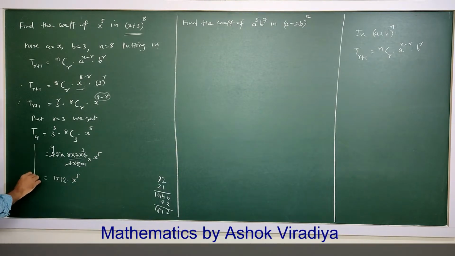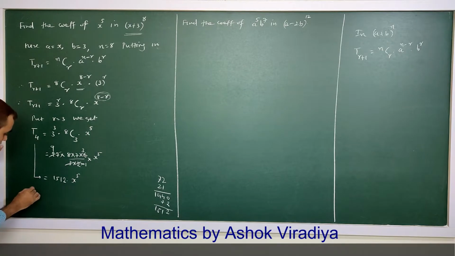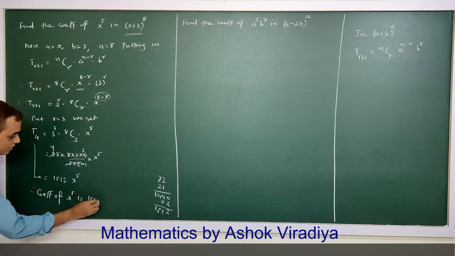So this is the 4th term in the expansion, in which the coefficient of x raised to 5 is 1512. Therefore the coefficient of x raised to 5 is 1512.